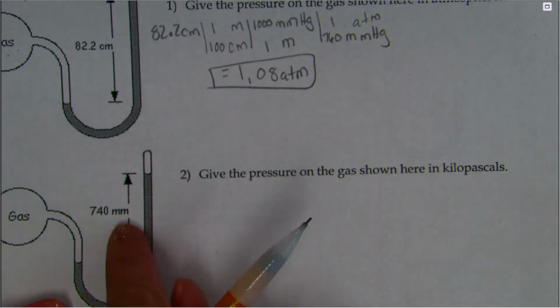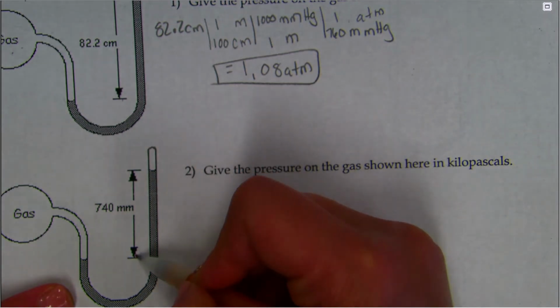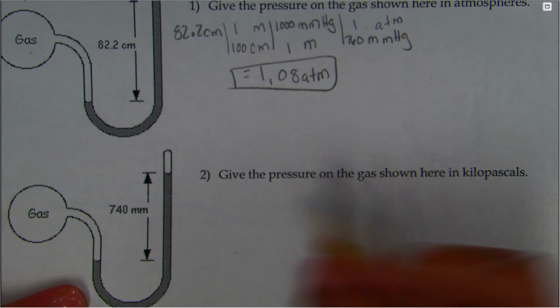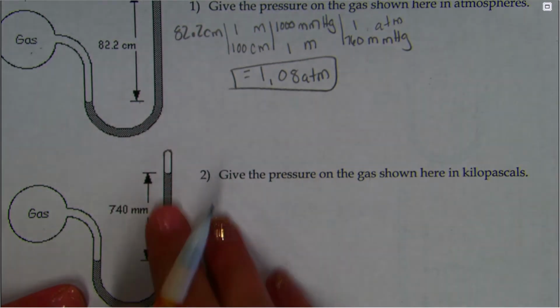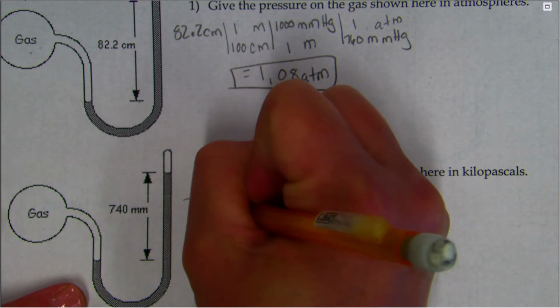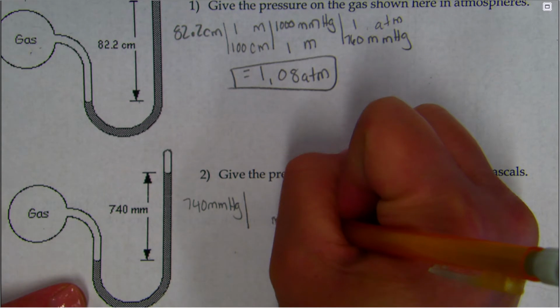Okay, so we are asked for kilopascals. The height difference here between the manometer is the pressure of the gas because it is a closed system, so the atmosphere is not able to interact. So 740 millimeters of mercury. If that is on top, it's going to go on bottom.